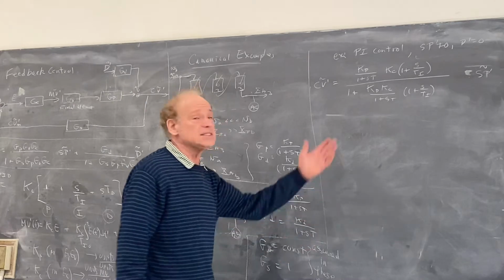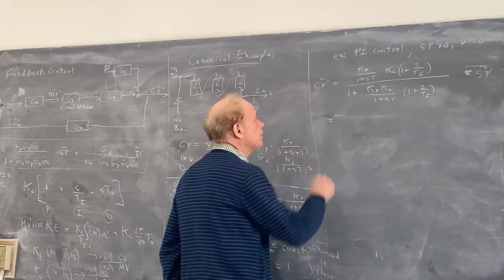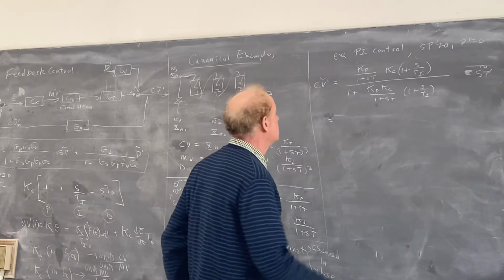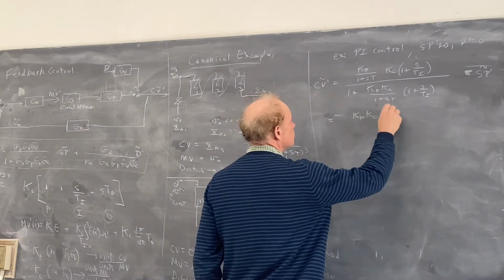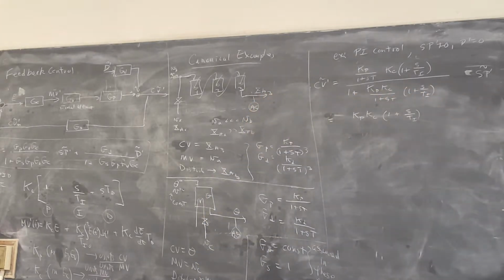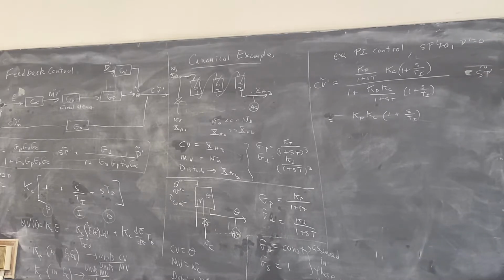Okay, so let's look at this thing. Let's multiply it out. In order to multiply things out, I'm going to multiply by 1 plus ST. So I've got KP, KC times 1 plus S over Ti. And do I want to multiply out the Ti too? I don't have to, but yeah, let's multiply out the Ti as well. I'll see when I get to it.